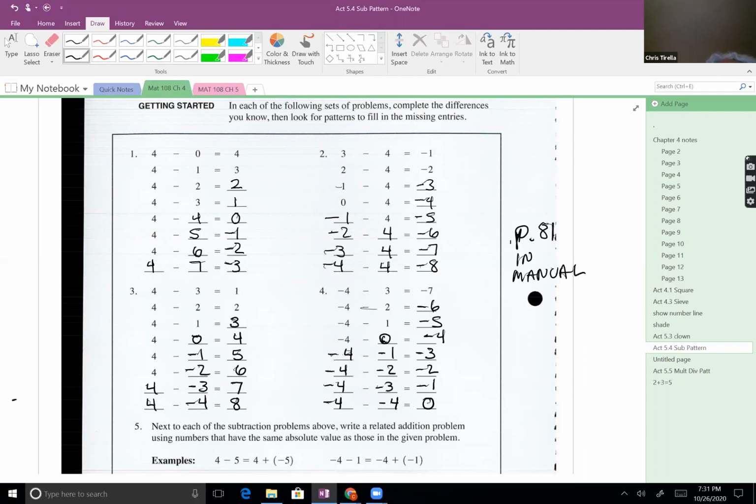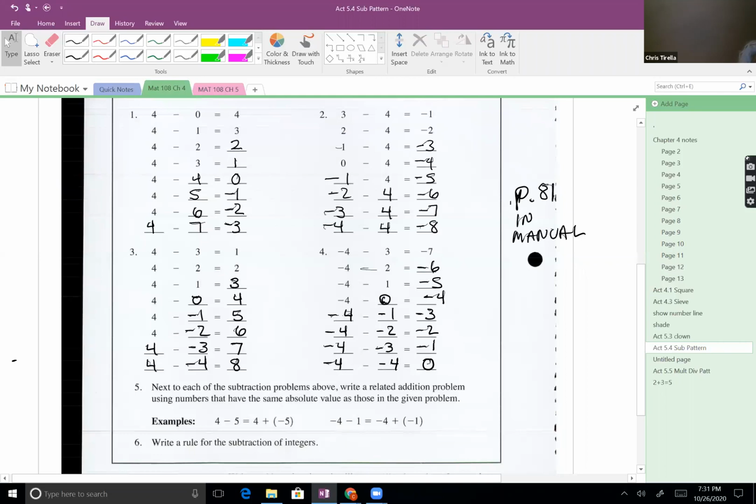Mhm. So now the next part asks us to, next to each of those subtraction problems, write a related addition problem using numbers that have the same absolute value as those in the problem.